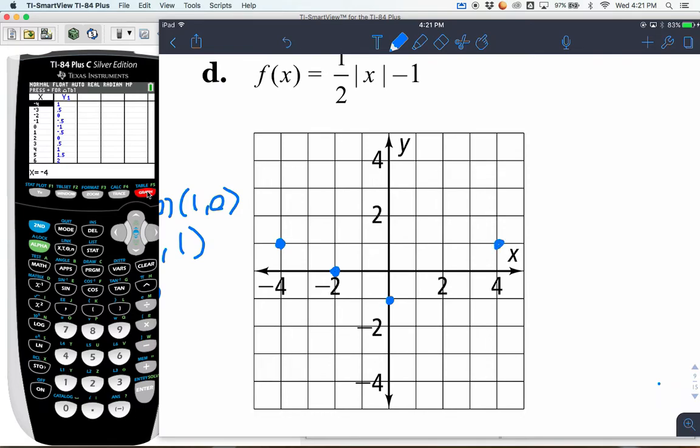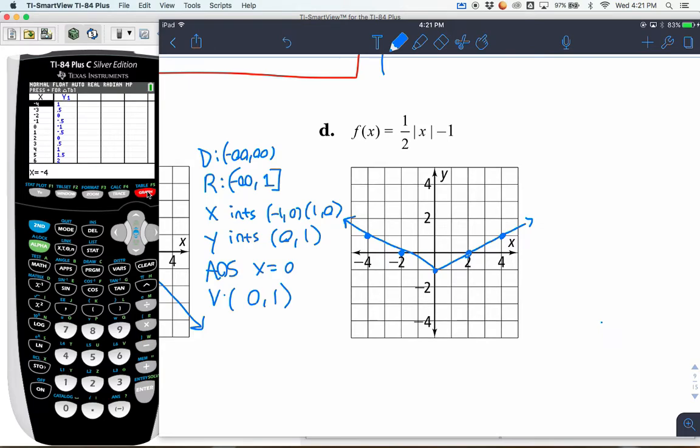You got (4, 1), you had (2, 0). So much flatter looking, but it's going up again. Okay, so domain, -infinity to infinity. Range, the lowest it goes is -1, so from -1 all the way up to infinity because it keeps going up forever. It's going slower, but it's still going up forever.